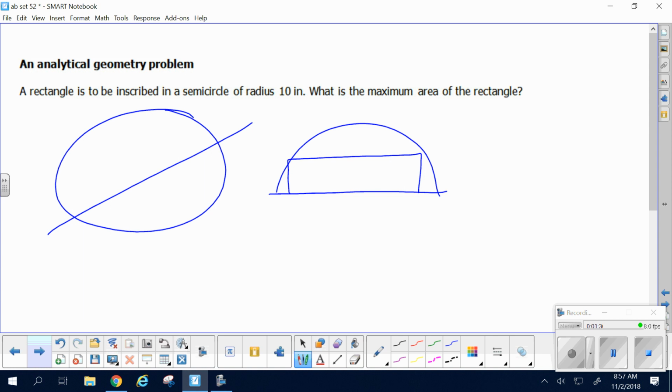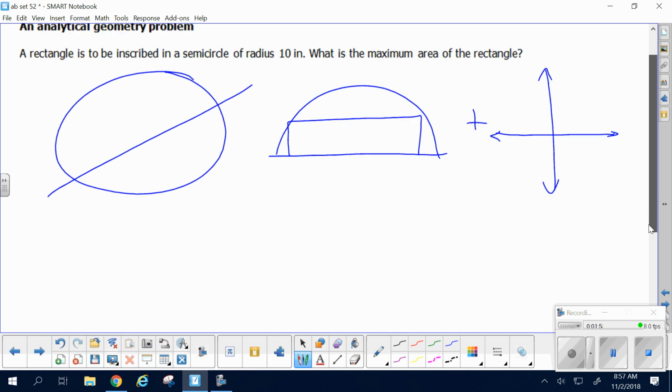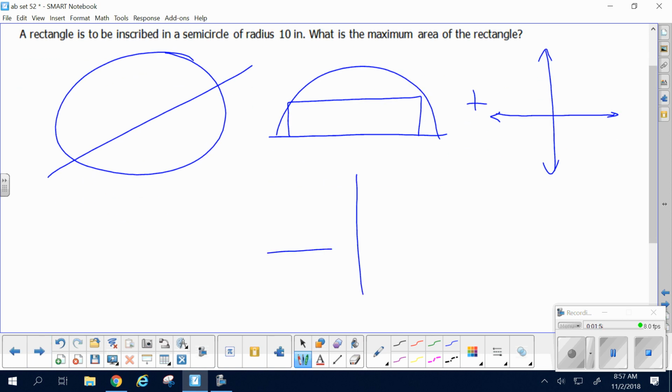But then the equations are hard to come up with. So instead, add on top of it the coordinate plane. So instead of base times height kind of formulas or pi r squared kind of formulas, we have equations for those shapes.